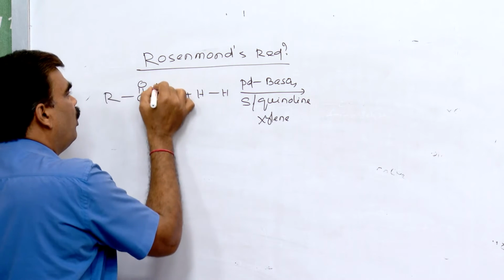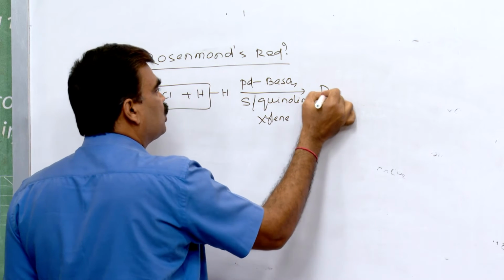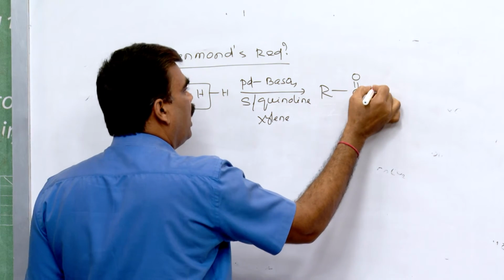They give you only aldehyde. Partial reduction gives aldehyde.